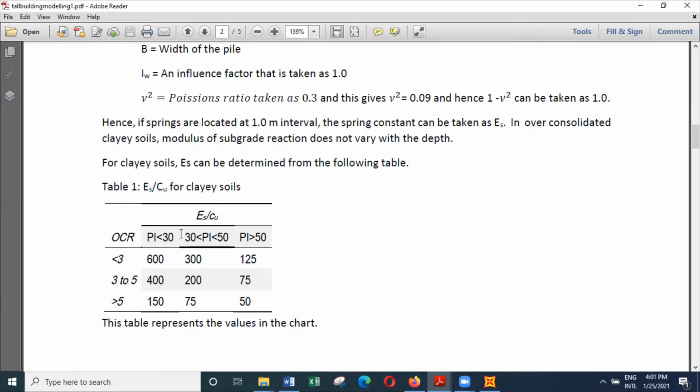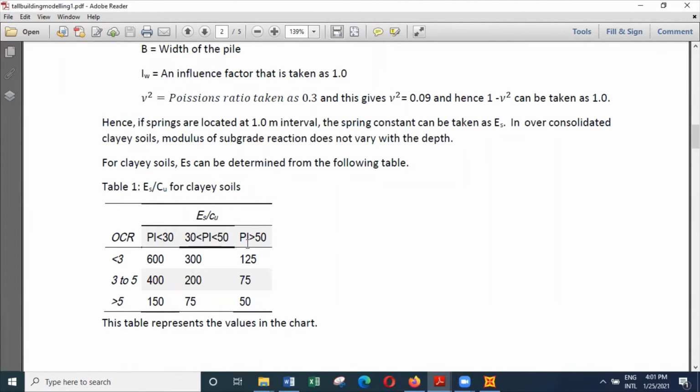And depending on the type of soil, say when you have a laterite soil, plasticity index will be less than 30. And if you have very weak clay soil, the plasticity index can be between 30 to 50, but it's very unlikely to be more than 50. So plasticity index more than 50 is a very weak soil. So based on that, you can actually select a suitable value to be used for this ratio, depending on the SPT value.